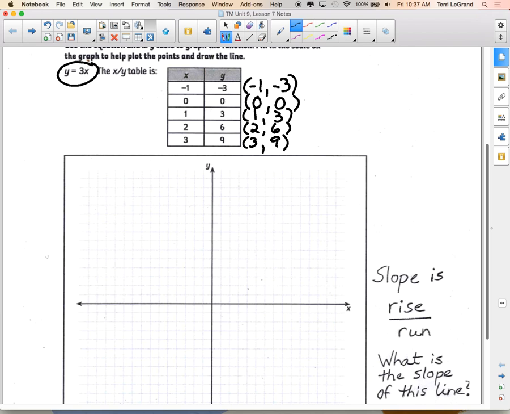Now I want you to go and plot all those points on the coordinate plane. You have 5 points using those ordered pair names.